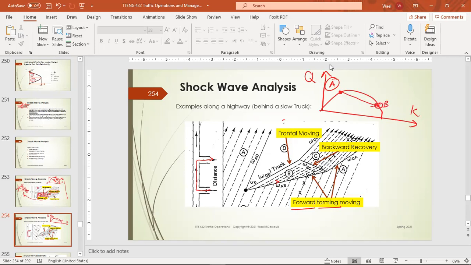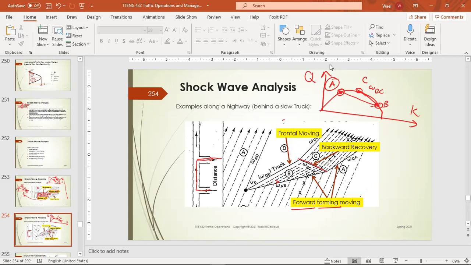Once the truck exits, the flow will go from B to C. Another wave starts forming here. So this is omega BC. As you can see, this one is forward forming according to this figure, but in our case it's going to be backward forming. Here it's backward recovery. There is a shock wave going backward.